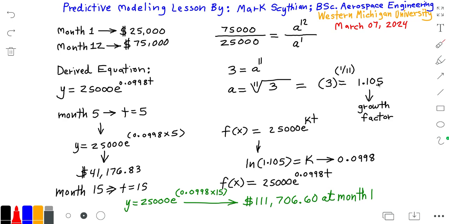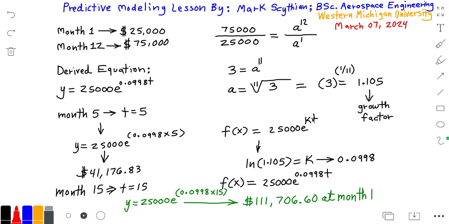So now we can apply this into an exponential kt function to predict the revenue behavior into the future, or after month 12. This is formatted by starting with the initial value at month 1 times the exponential function taken to the kt power.